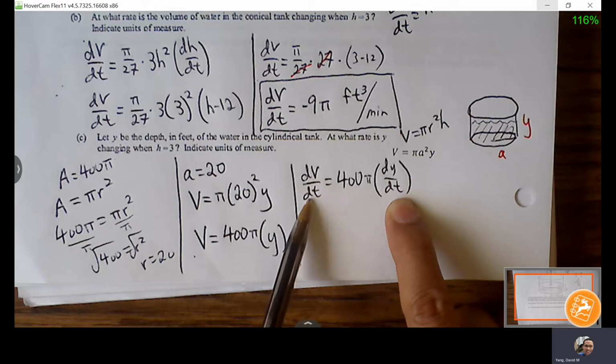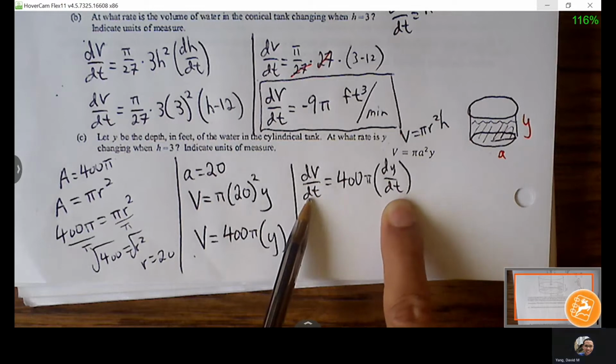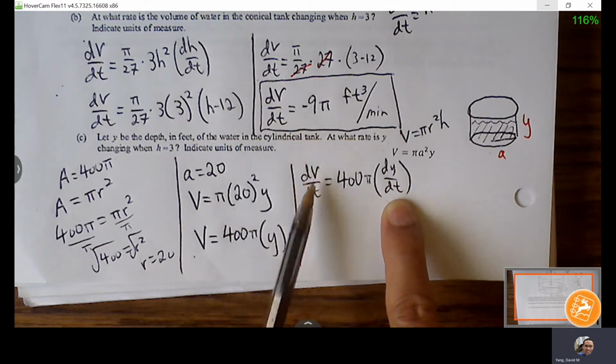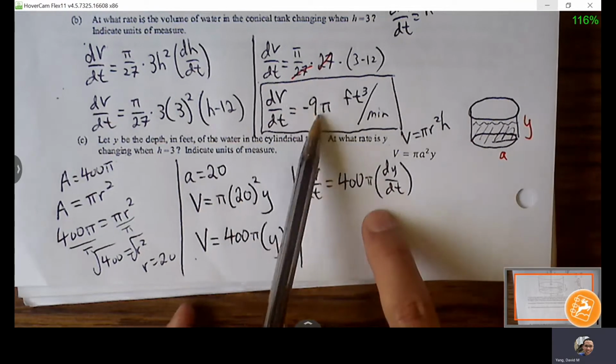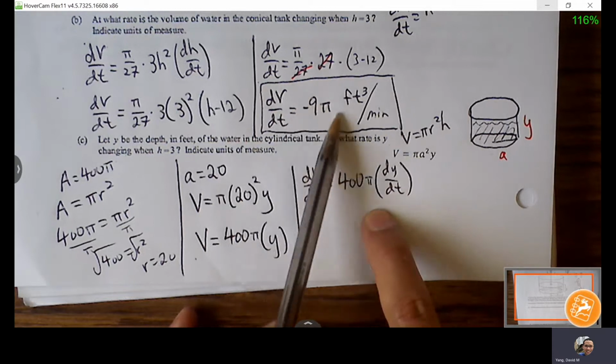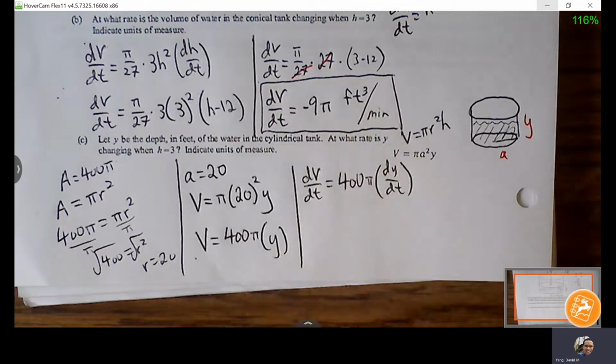Do we have dV/dt information? Carries over from part B, except what do? Make it positive, right? Water is coming into the tank. The rate of change of volume is increasing, not decreasing.